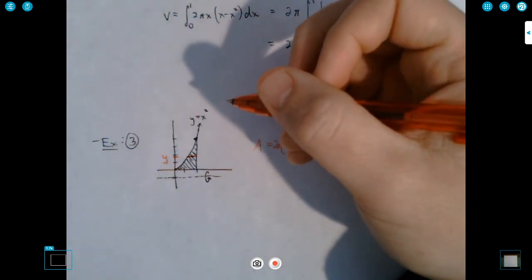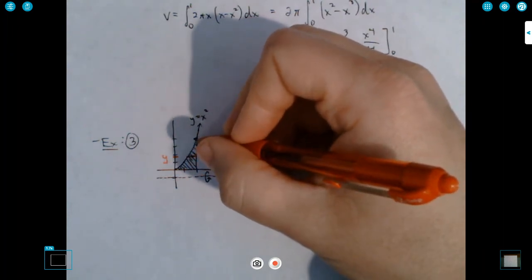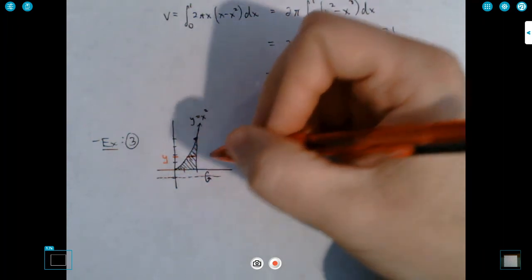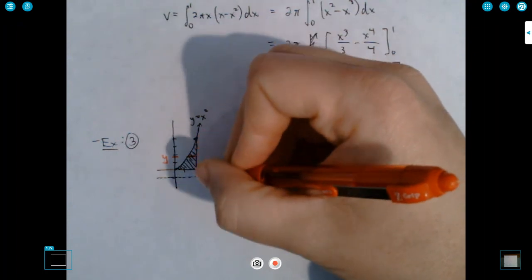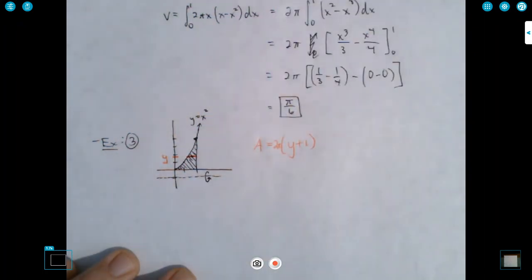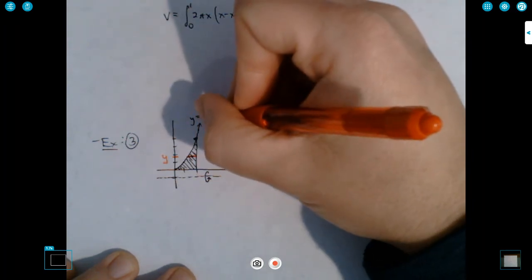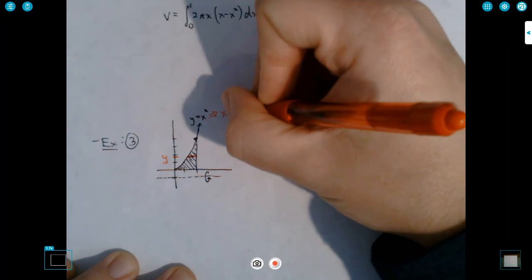The height of the cylinder looks like it's going to be x equals 2 minus x equals, so we're going to have to solve this for x. So we get x equals square root of y, right?